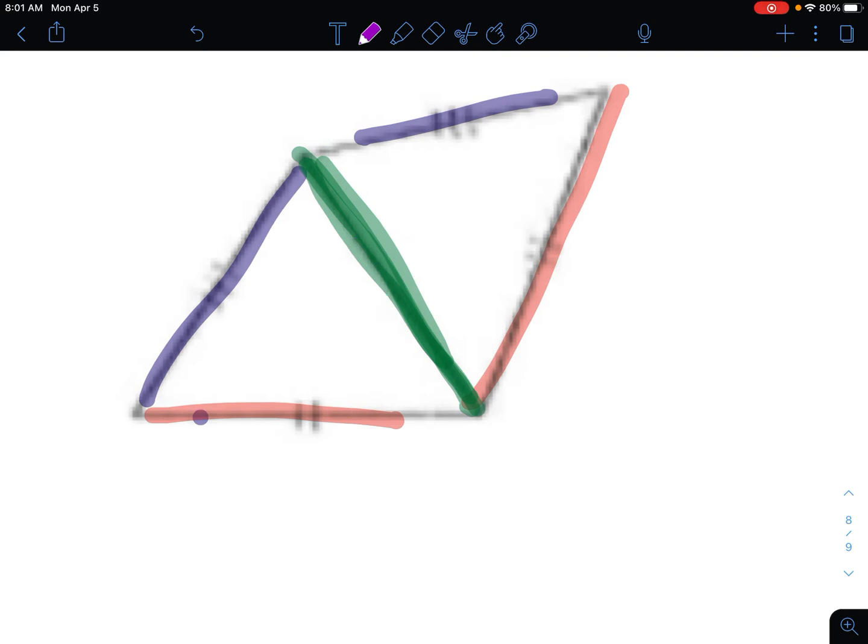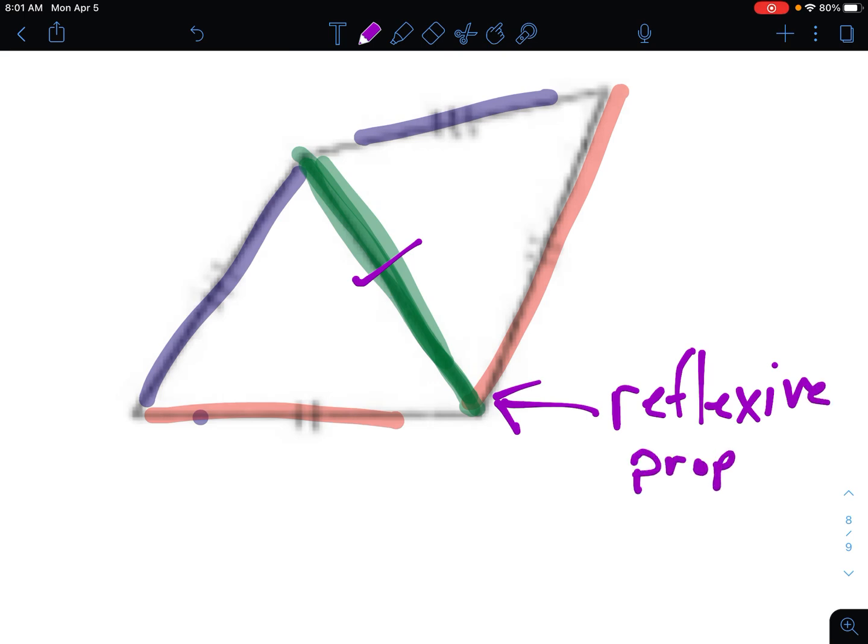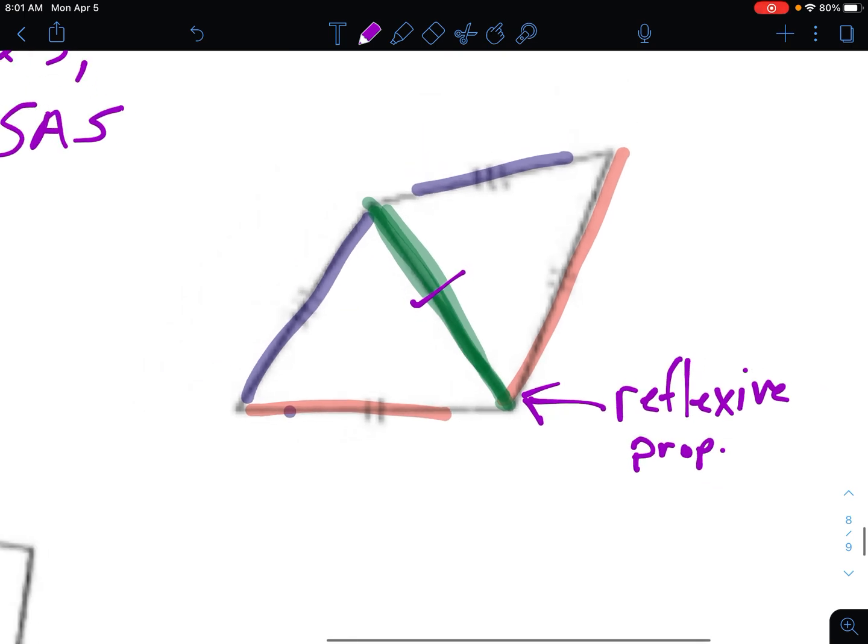So we'll just say that's one here. Okay? What property let us know that? That's the reflexive property to say that green side is congruent to the green side. All right? So this is going to be yes, side, side, side.